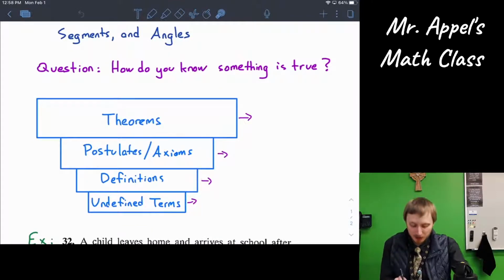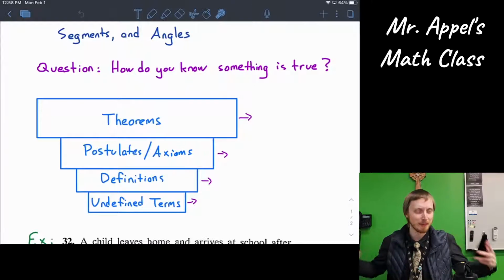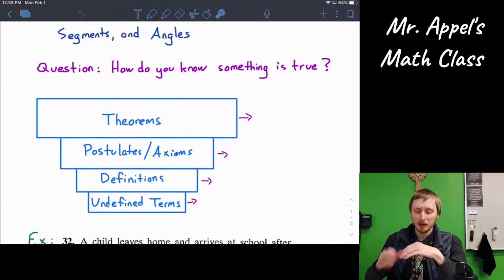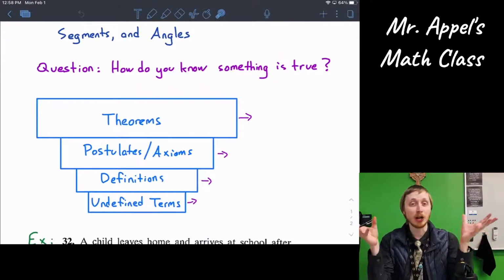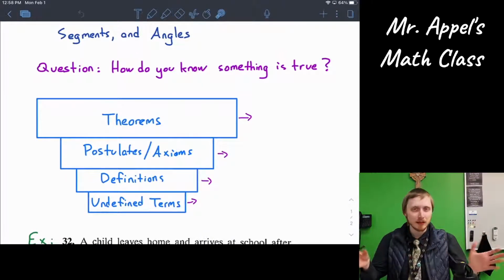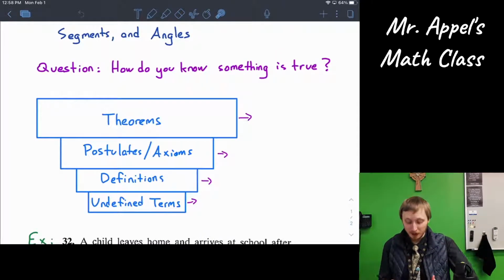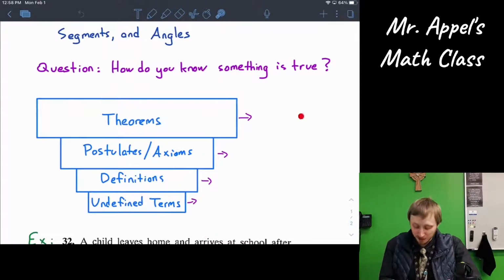Okay? Everything we know about mathematics and geometry in particular, I don't know why we always focus on this in geometry class, it applies to every math class, algebra included. Okay? Everything we know can be stated as a type of theorem.